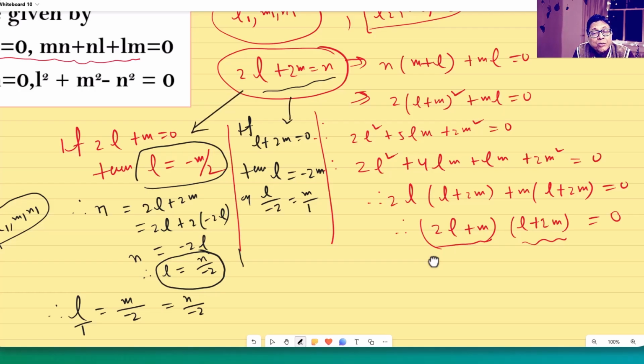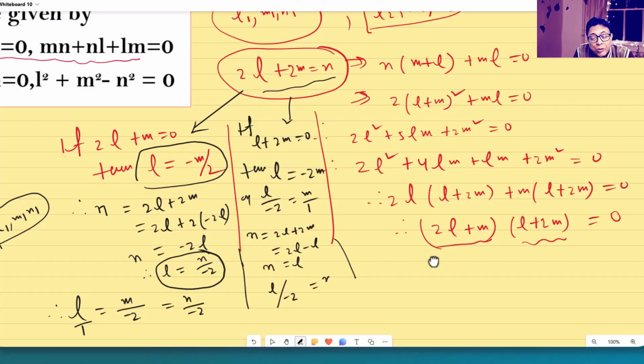So, if you write L equal to minus 2m, then n is going to be, from there, 12 plus 2m. 2m is minus L. You put that there. So, what have you got here? You have got L by minus 2 equal to n by minus 2.